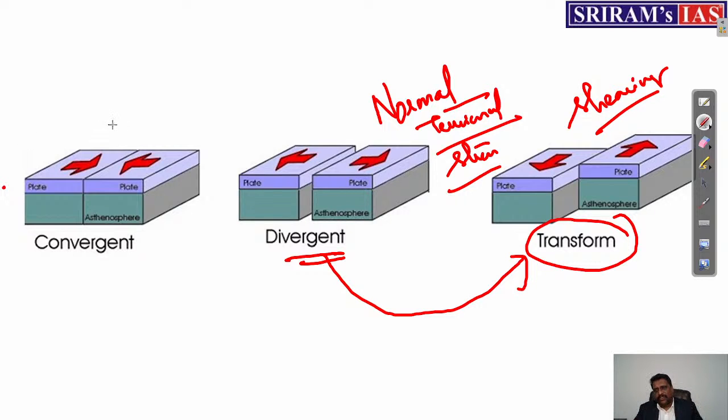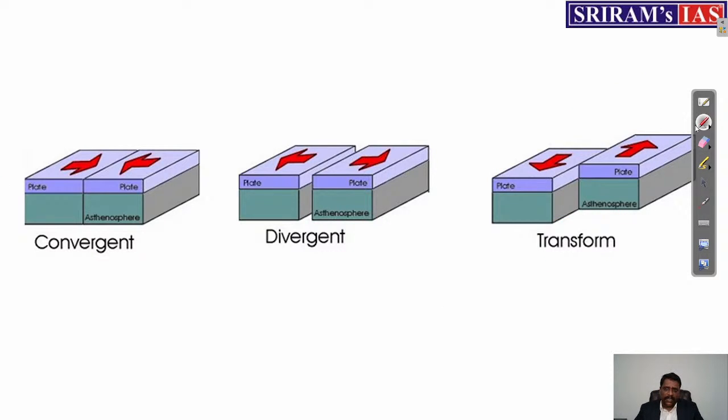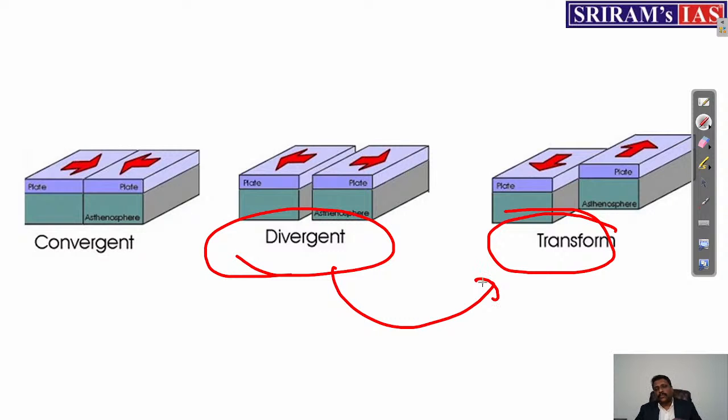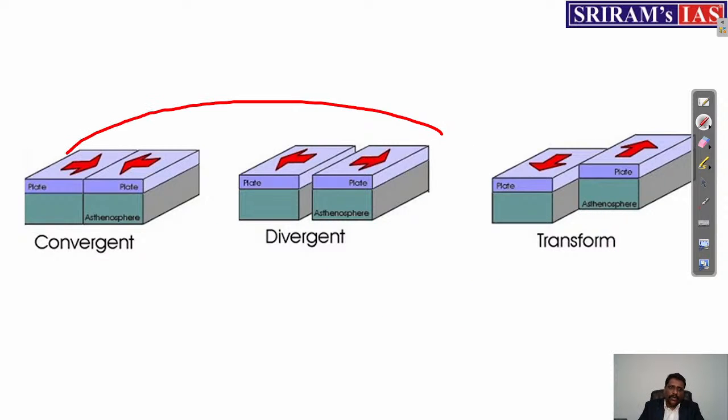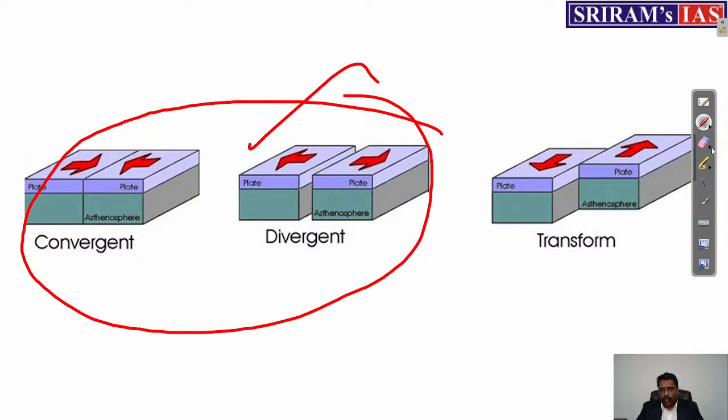The kind of stress will be different. But very practically speaking, a transform boundary behaves more or less similar to a divergent boundary, in whatever features are formed along the transform boundary, or those features also formed along a divergent boundary. So I should know that there exists a third type of boundary called the transform boundary, but my larger understanding should be around the convergent and divergent boundaries.